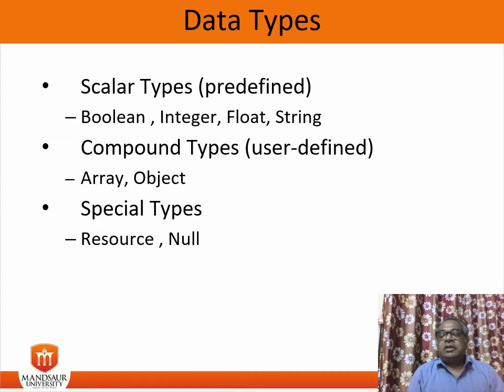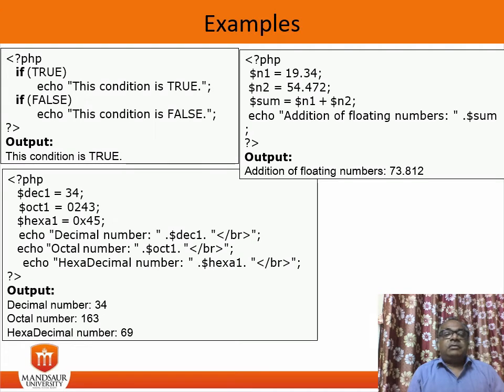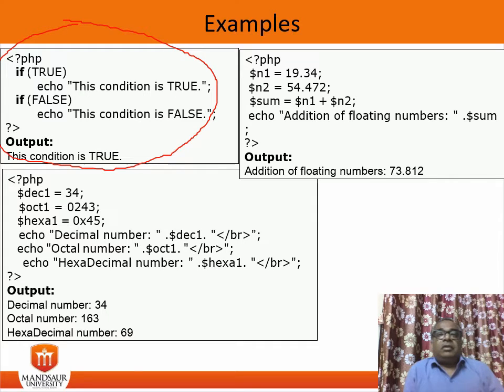The first one is Boolean. This is the example for the Boolean data type. Booleans are the simplest data type, just like a switch, holding only two values, either true or false. True has the value 1, false has the value 0.